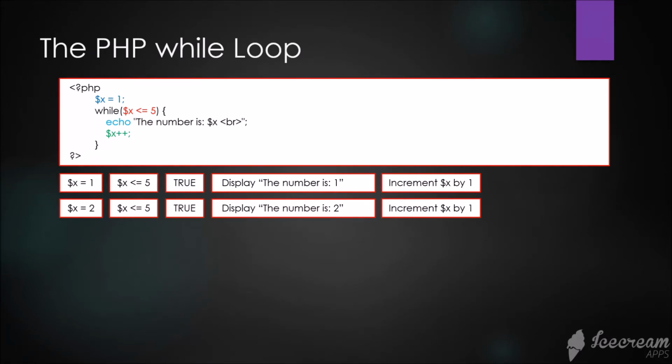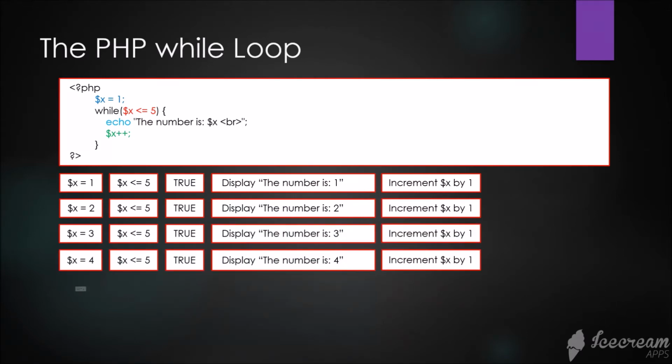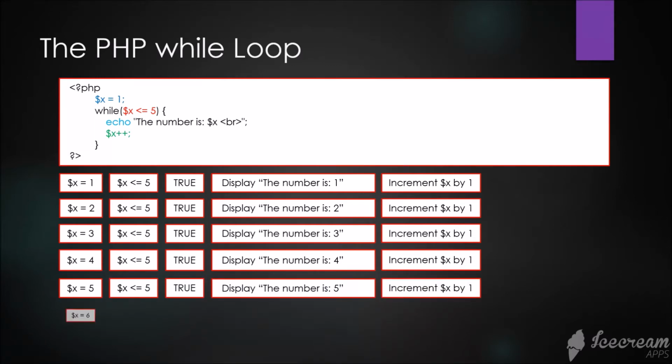Okay, so the looping will continue until such time that the condition becomes false. That's how looping works. In this part, the current value of our x is 6, and if we compare it, is x less than or equal to 5, the answer will be false.